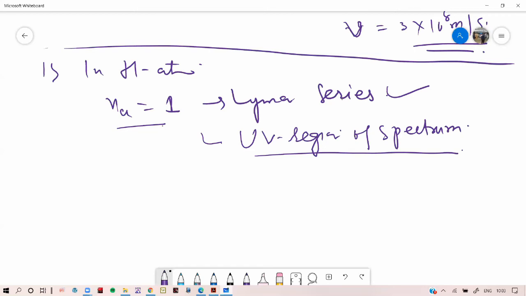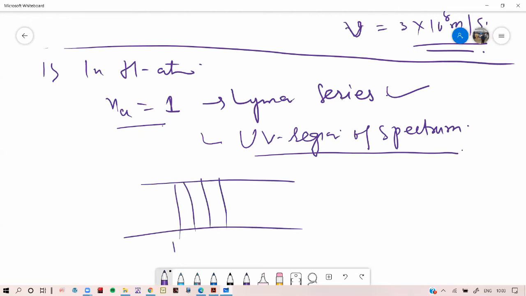The lines, as I have drawn above, were treated as alpha, beta, gamma, delta in Greek letters, in the order of decreasing wavelengths.